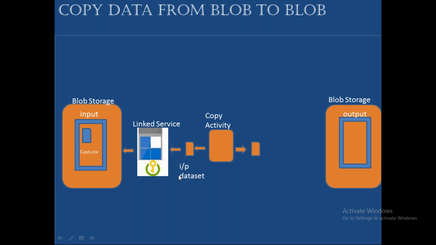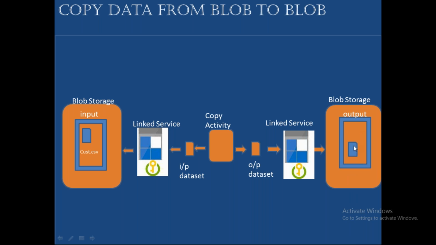This input file which I have received, I need to place it in my output container. For that I need to create one more data set called the output data set. To select this output data set, you need a linked service. So I'm going to create a linked service to this blob storage. Now I'll place this output file in my output container. Okay, now I have this cush.csv.